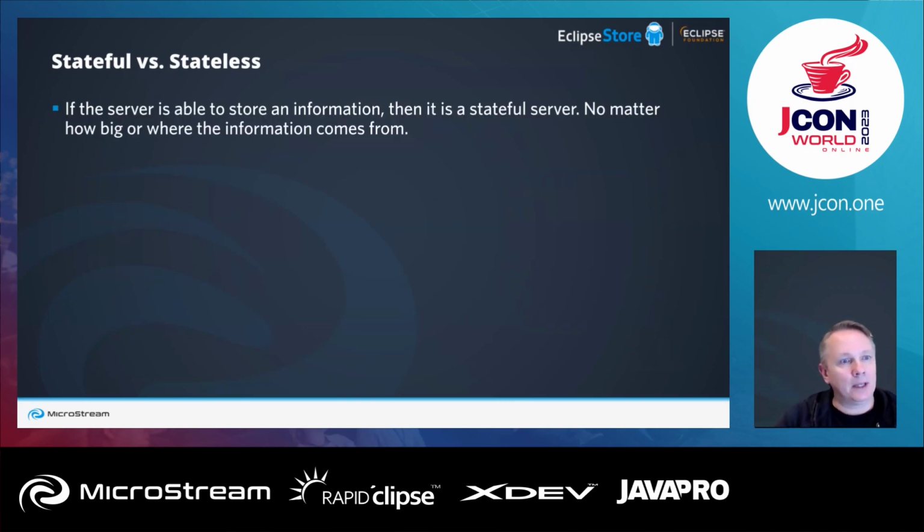Basically, if a server is able to store information, then we're talking about a stateful server. That means whenever we call the server and hand over a name or something like that, this specific server within my horizontally scaled architecture becomes a stateful server, because you are not able to force the load balancer to route you to a specific server.